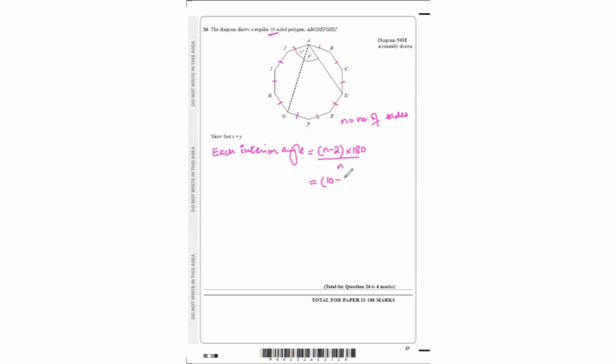So 10 minus 2 times 180 over 10 gives us the value of 144 degrees, which means all of these angles are 144.